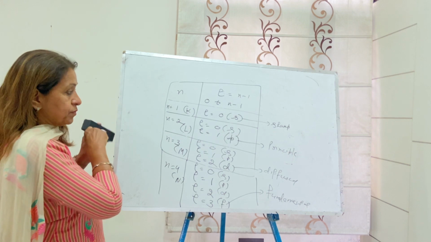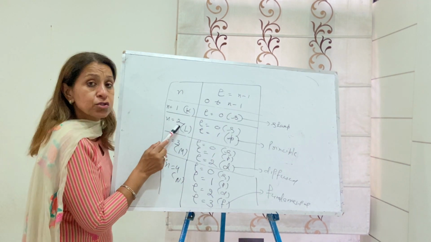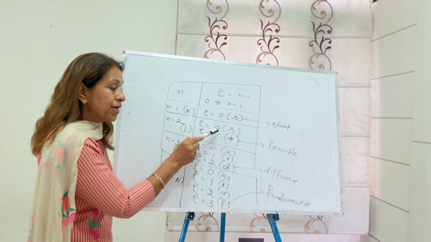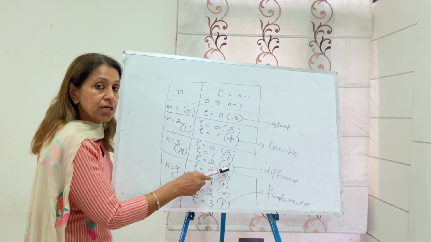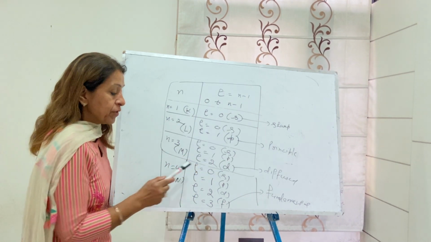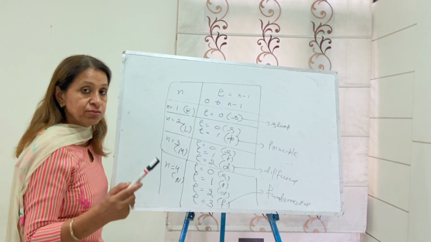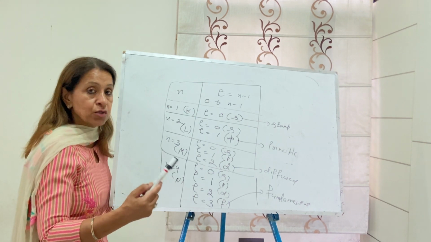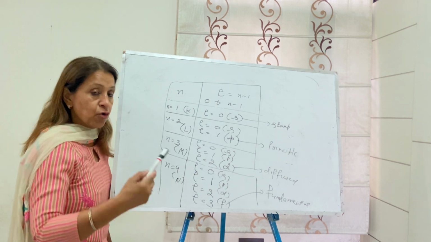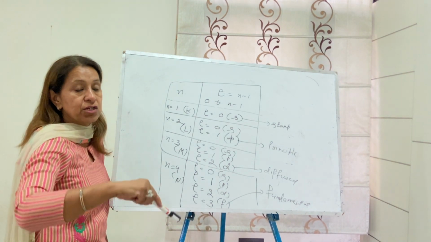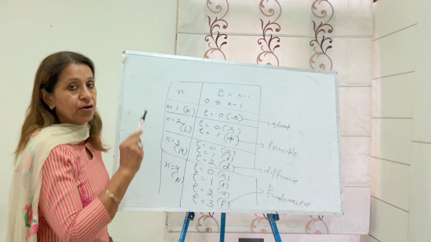For 1 there is one subshell, for 2 there are 2 subshells, s and p, for 3 there are 3 subshells, s, p, d, and for 4 there are 4. Think of sectors in a city: 4 sectors, 3 sectors, 2 sectors, 1 sector depends upon the number of the city.